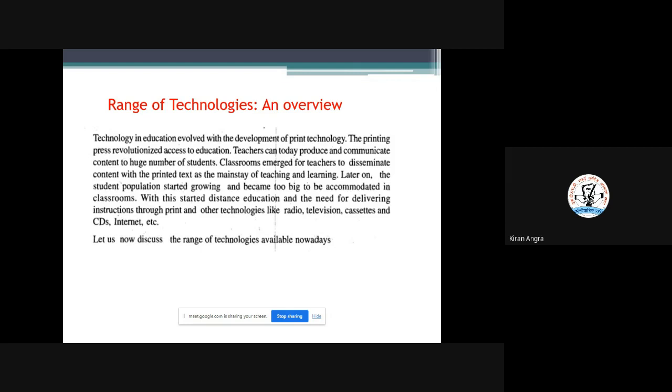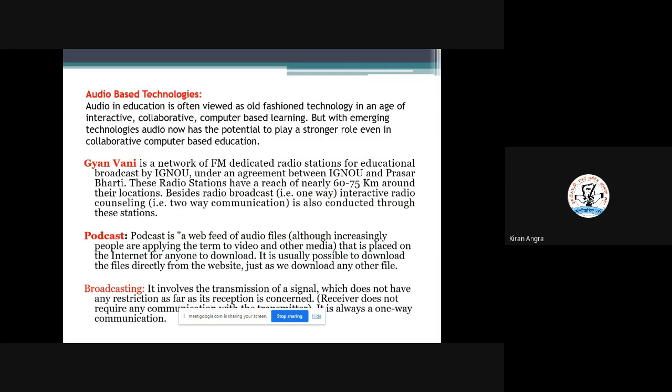They came into picture. And these technologies are audio-based technologies. As I already told you, they are old-fashioned technologies. And you all know this radio. We all used to learn music programs on the radio.